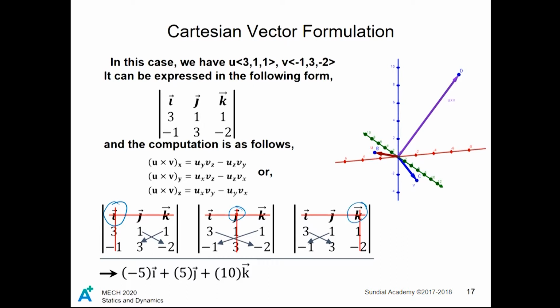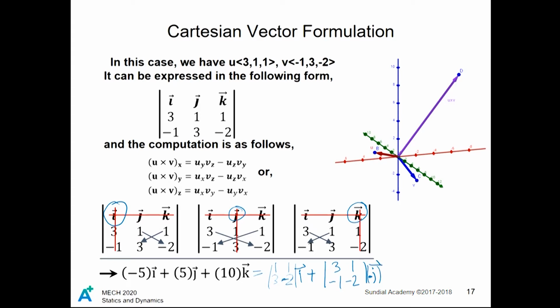So we can split this into smaller determinants here, where we have 1, 1, 3, minus 2, i, plus 3, 1, minus 1, minus 2, negative j.